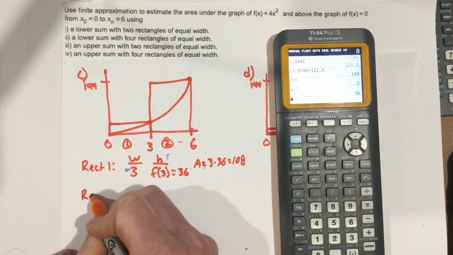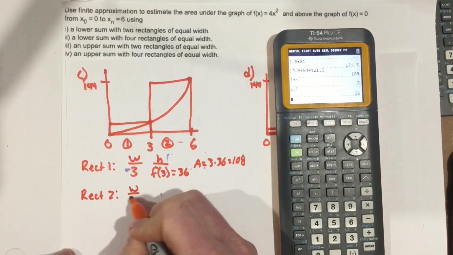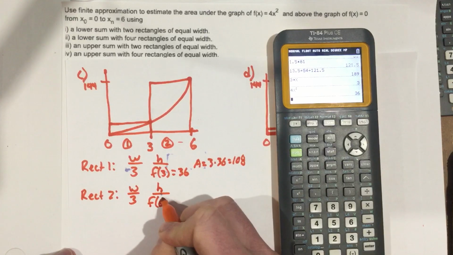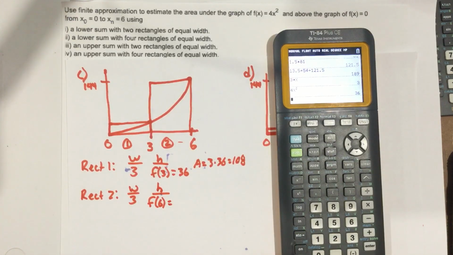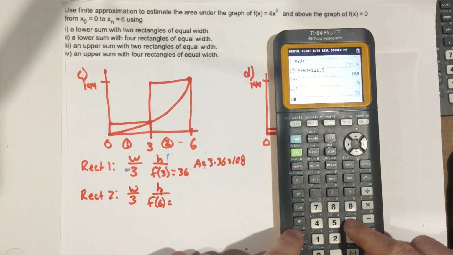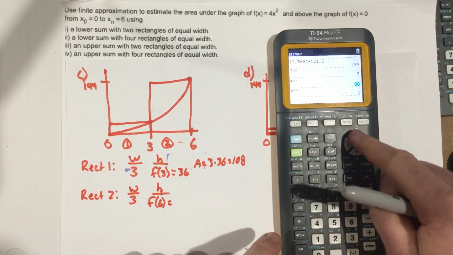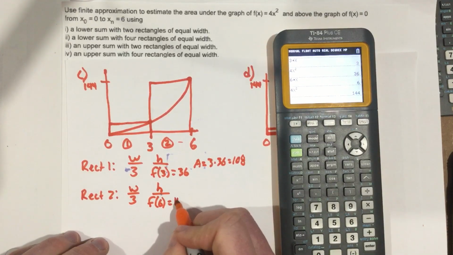Rectangle 2, my width is 3. The height is f of 6, right? f of 6 is the height. So I plug in 6 stored as x. Go grab that function again, 144.